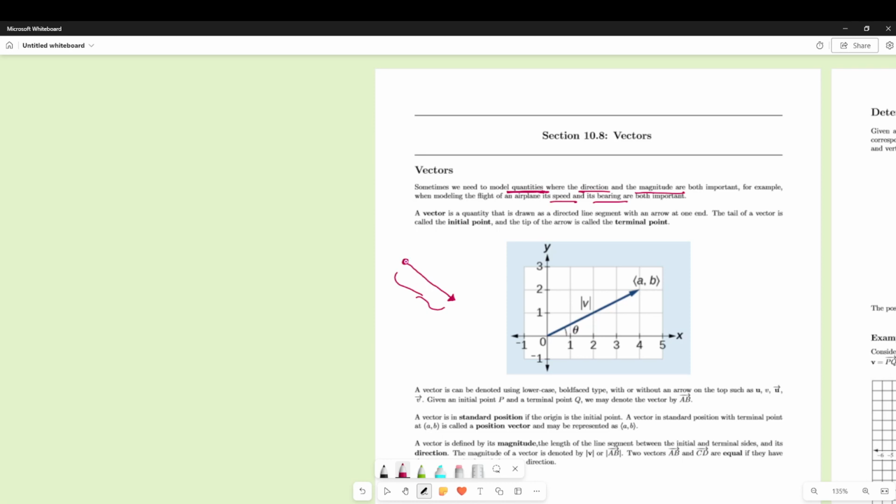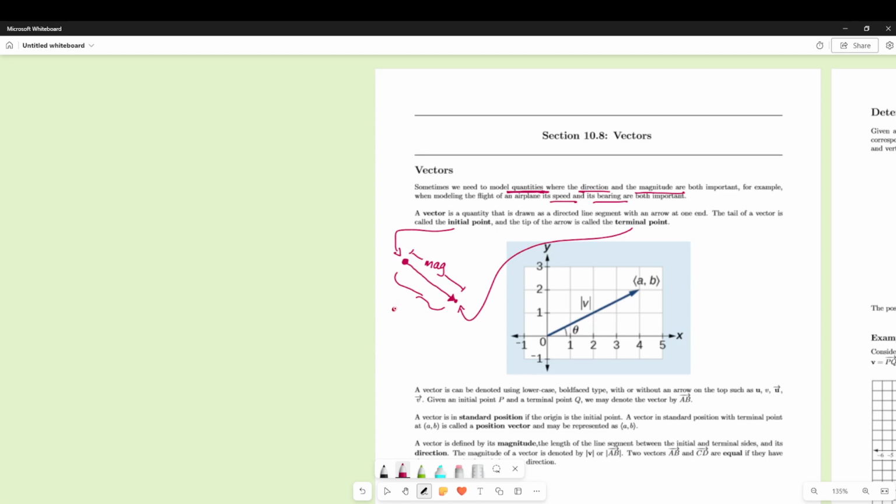Its direction, the direction of the arrow, and its magnitude, how long the arrow is. So magnitude is defined by how long this directed line segment is, and its direction by the direction of the arrow, from some initial point to some terminal point at the tip of that arrow.